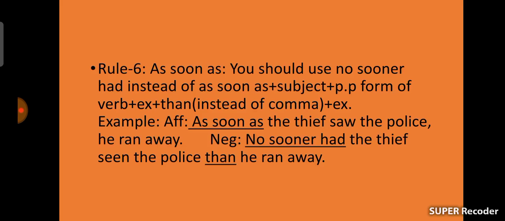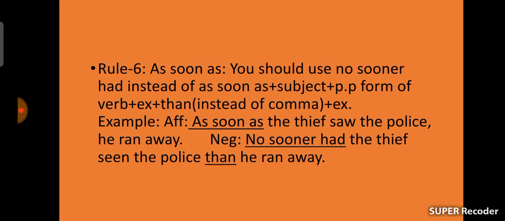Seen is the past participle form of saw. Then we use than instead of the comma: then he ran away. Affirmative was: as soon as the thief saw the police, he ran away. Negative: no sooner had the thief seen the police than he ran away.